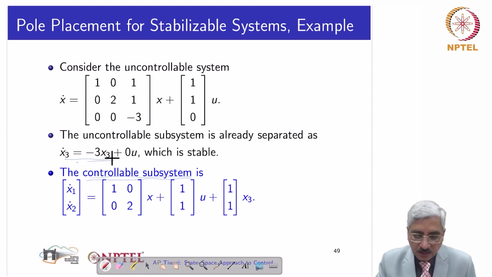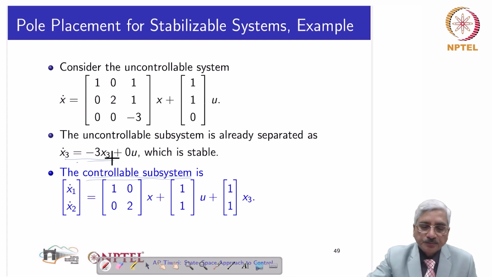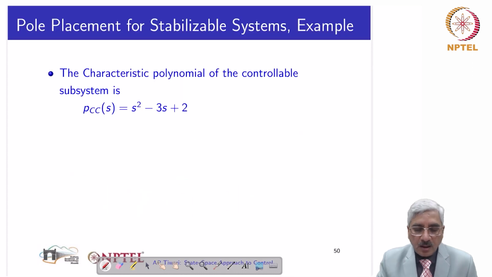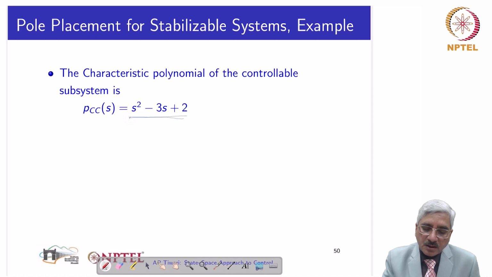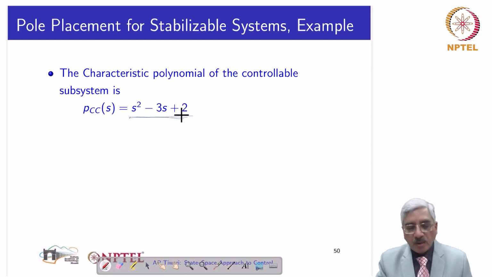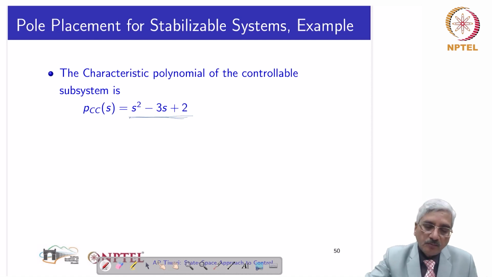So we consider this controllable subsystem, and we see that this is its characteristic polynomial, the characteristic polynomial of the open loop controllable subsystem.